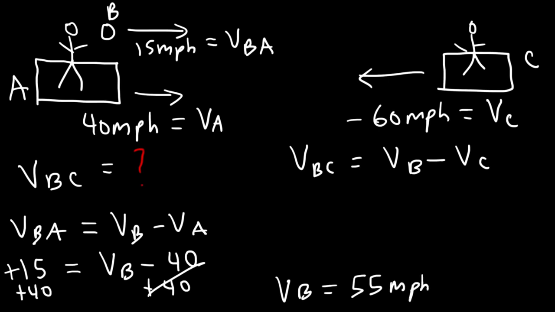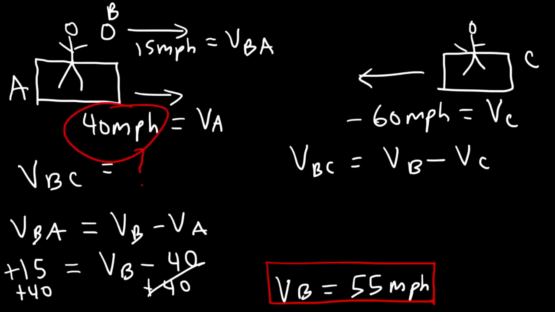And it makes sense, because if the car is already moving at 40 miles per hour, and you throw the ball 15 miles per hour towards the right, then this ball will appear to be moving at 55 miles per hour with respect to the earth, or with respect to a stationary observer standing on the road. So that answer makes sense.